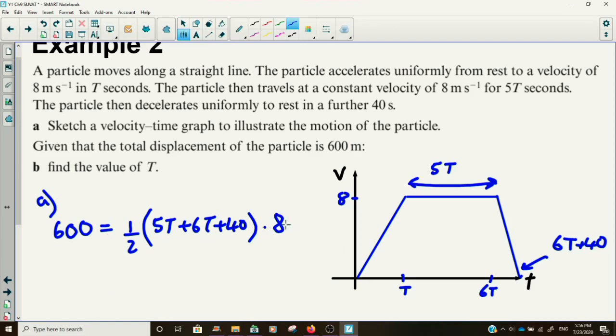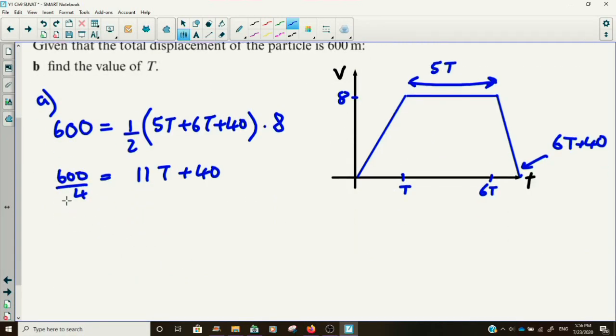Okay, let's do half times 8. That gives me 4. Divide 600 by 4. So that takes care of the half and the 8. 5t plus 6t is 11t plus 40, and that's 150.